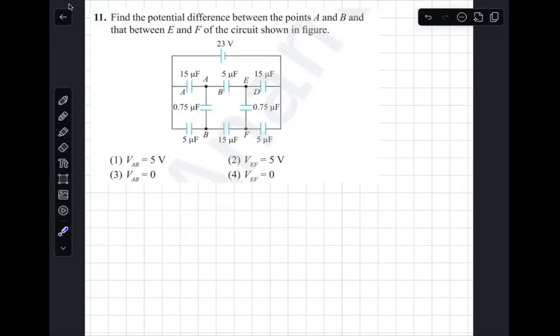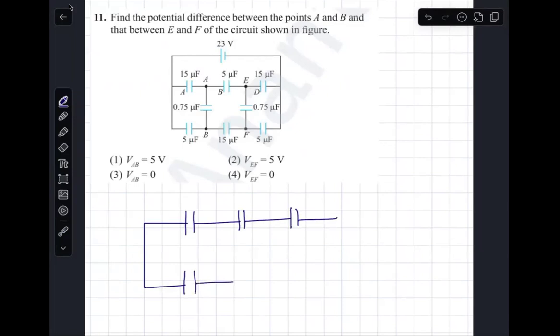See, questions of this type you need to solve very carefully. You can see it's a symmetric circuit, which means it is up to you also.